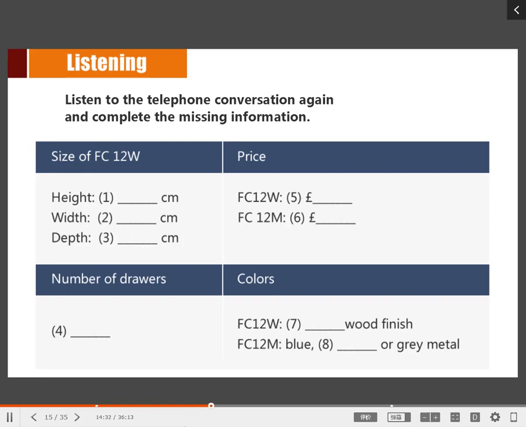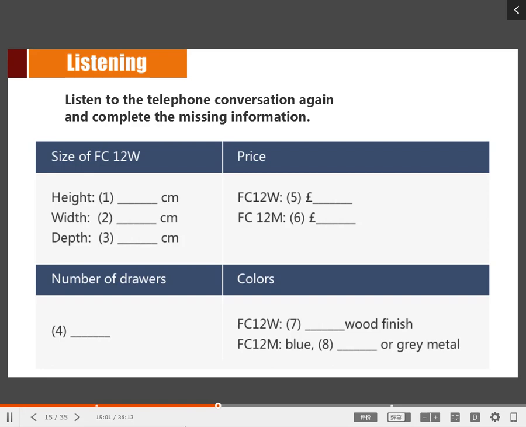I see. Well, how big is the FC12W? I'm sorry? The FC12W, what are the dimensions? Oh, yes. Well, as I said, it's 74 centimetres high, 50 centimetres wide, and 65 centimetres deep. That's 74 by 50 by 65. I see.